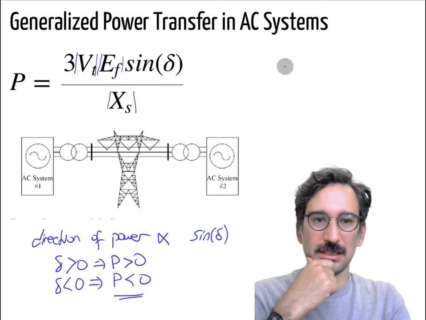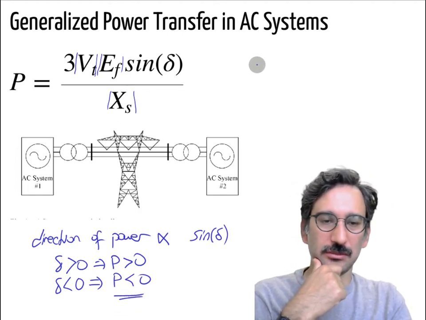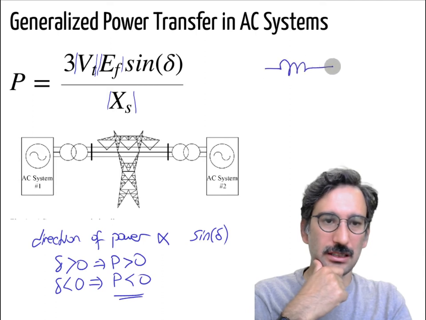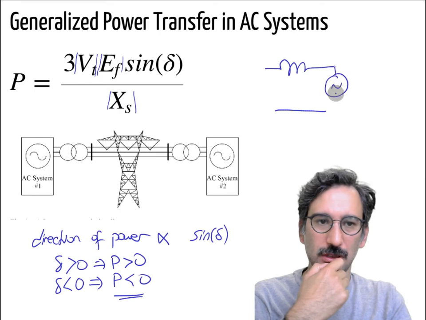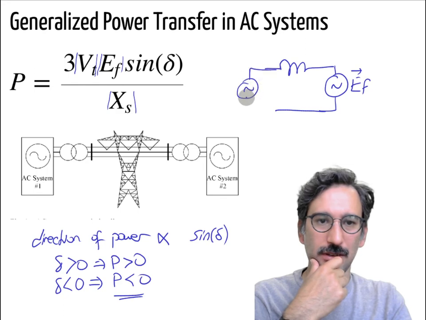So that means in an AC machine, in a synchronous machine, let me draw it here. So here you have EF, right? And here you have VT. So here, that is our machine and that is our terminals.